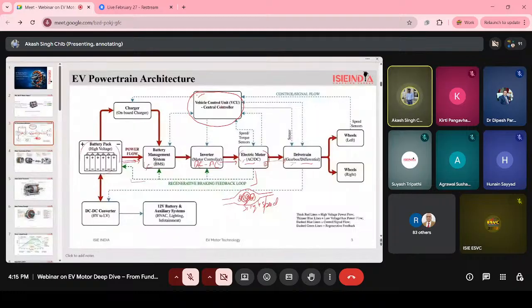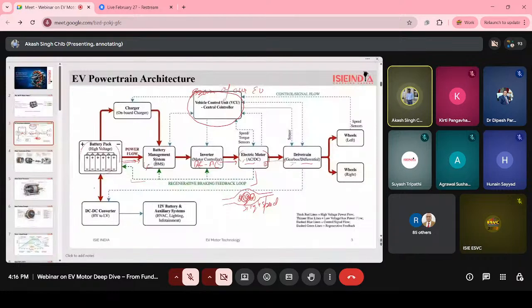It takes signals from the sensors. Basically, it decides how much power to send to the motor. Whenever we accelerate, we give throttle to the vehicle, and it decides how much power we have to give to the motor. Do remember this, okay? Brain of our electric vehicle.